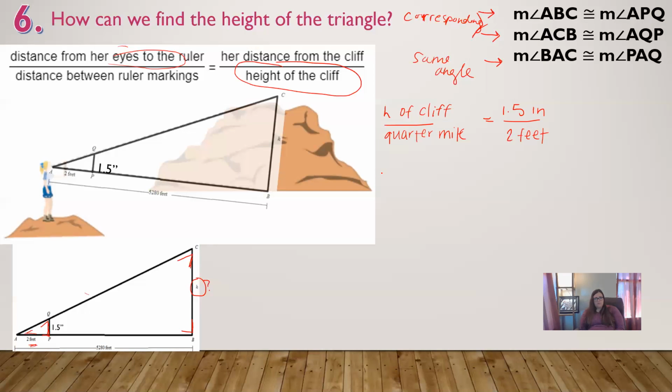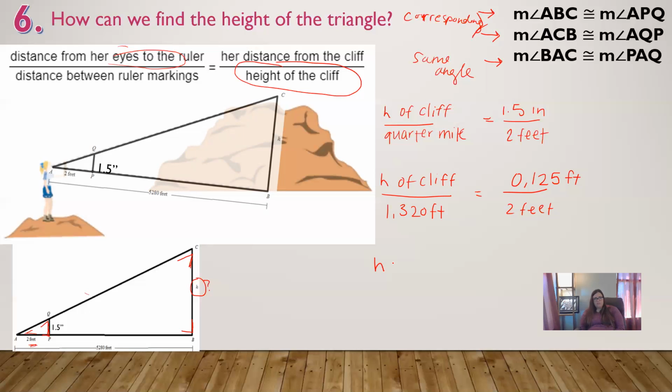Now, we have the height of the cliff because we're trying to find it. 1/4 mile is 1,320 feet. And then we still have the 2 feet. Now we had 1.5 inches, but we need to make sure that these are all in feet because this is in feet and this is in feet. So we need to make the 1.5 inches into feet. So it's going to be 0.125 feet.